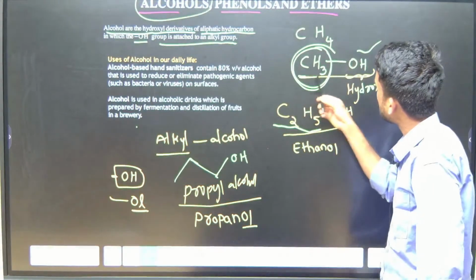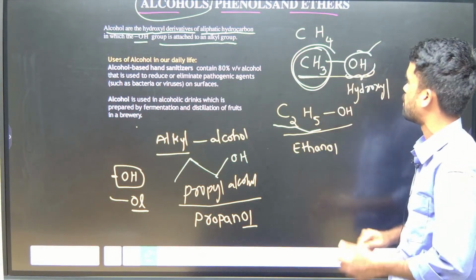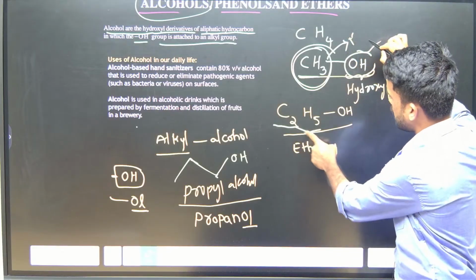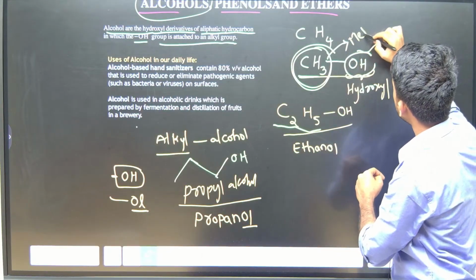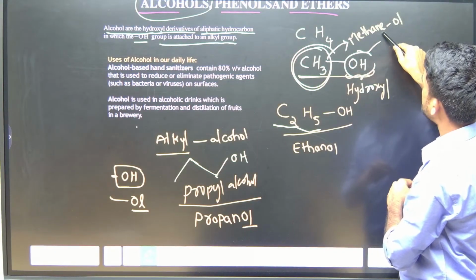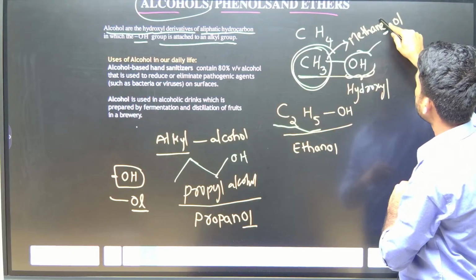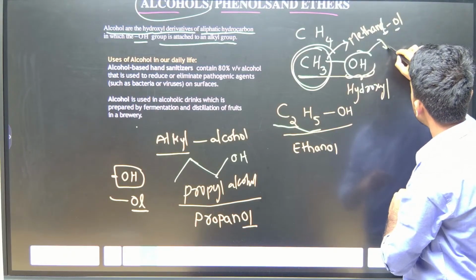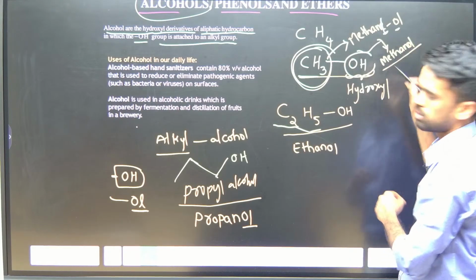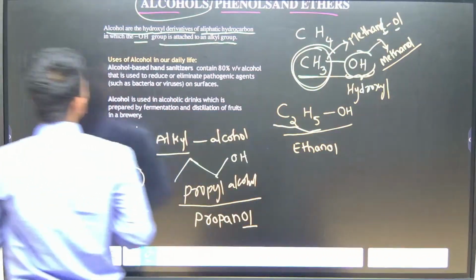See here we have methyl OH. Methyl alcohol is the common name. But the IUPAC name, what I told you, is methanol. Like methane, you write methane and ol. See, 2 vowels are there here, E and O. So remove one vowel, the E, and it becomes methanol. Like this, methanol.